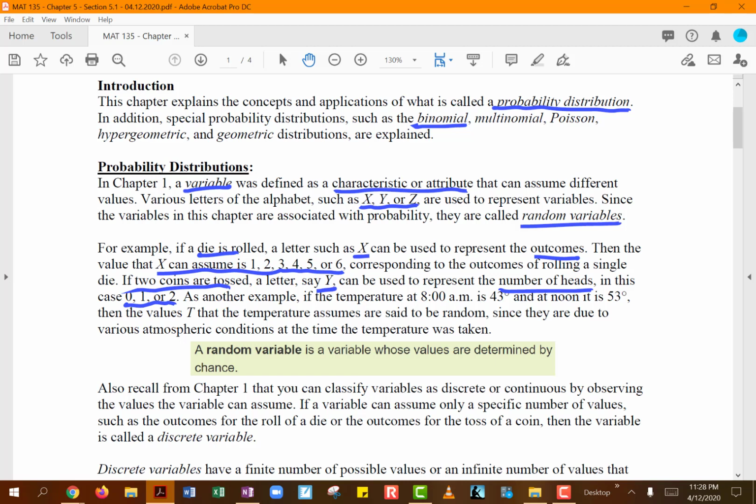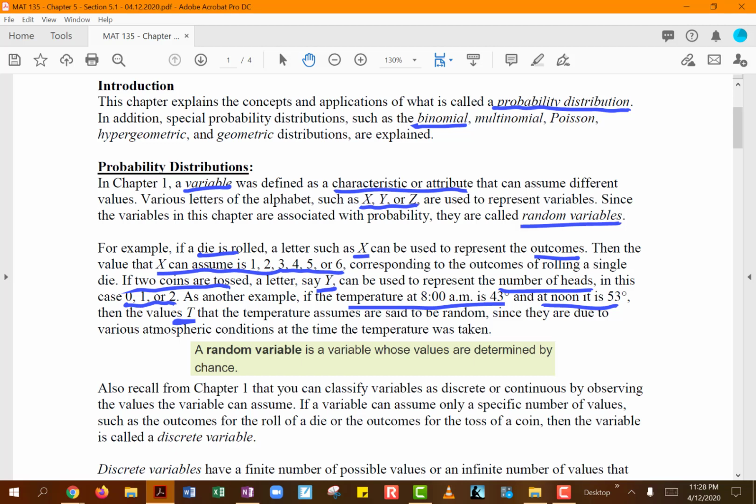Another example they're talking about is, okay, if the temperature at 8 a.m. is 43 degrees, and at noon it goes up to 53 degrees, then you can say the variable T is going to be the temperature, basically.